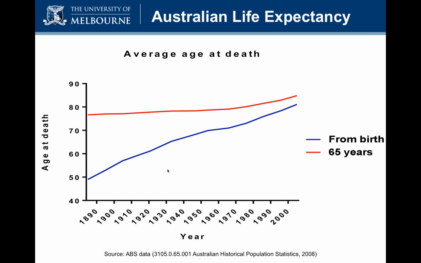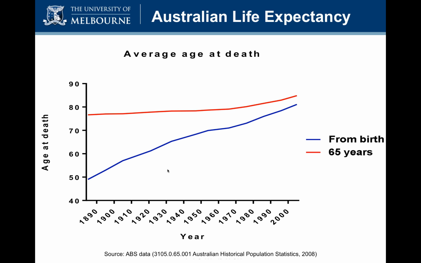At the age of 65, similarly, someone could live in 1890 to close to around 76, 77 years, and by the end of that century, well over 80 years. But as you can see from this diagram, although there are trends, it's perhaps hard to distinguish exactly when and how they're occurring.